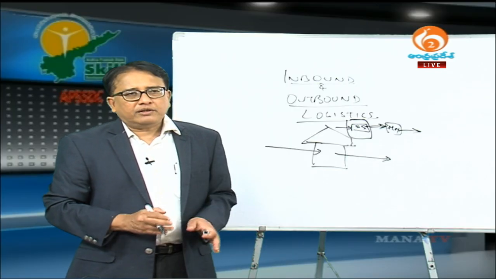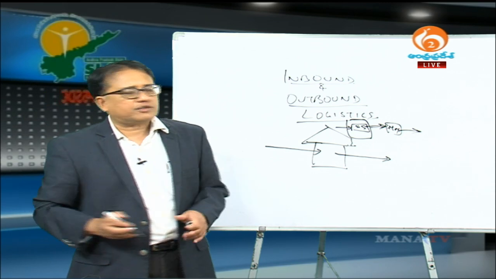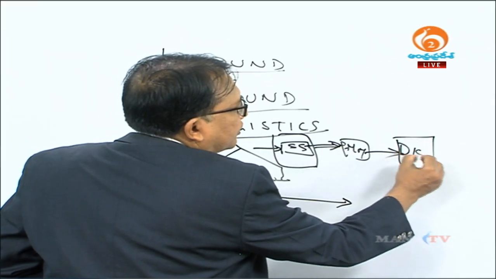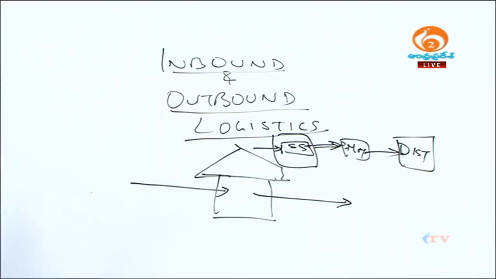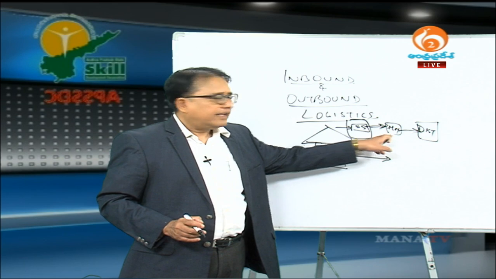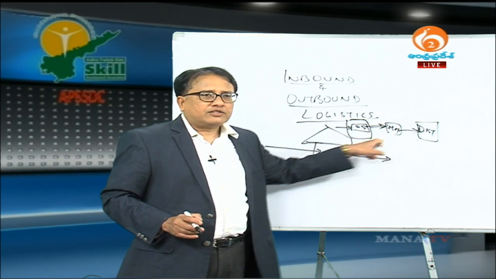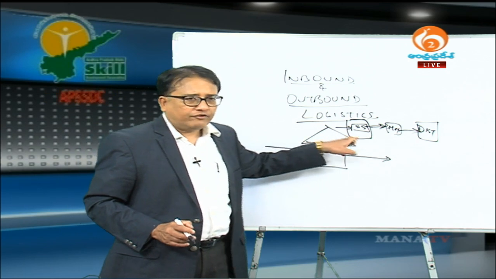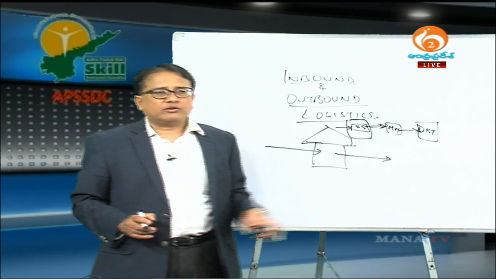The shipment goes through an outbound logistics process for the next customer, which could be the distributor. So, if you see, students, each and every enterprise or organization has to manage inbound and outbound logistics.